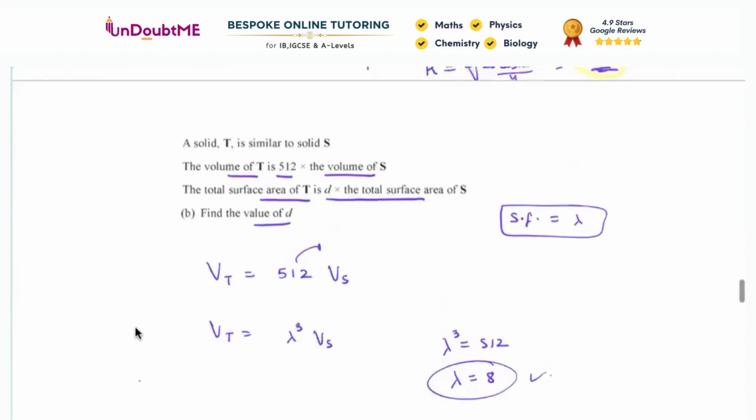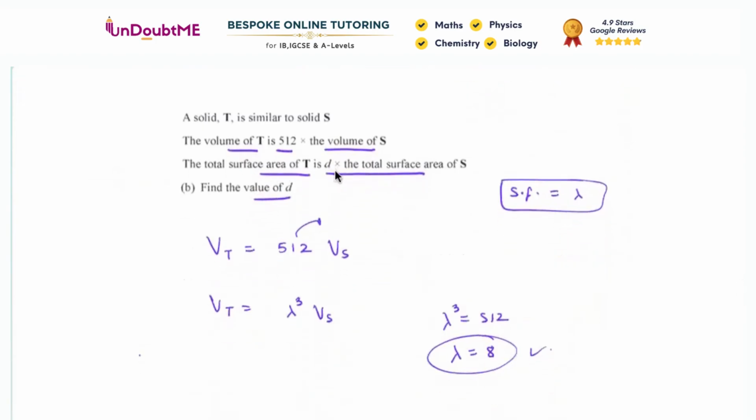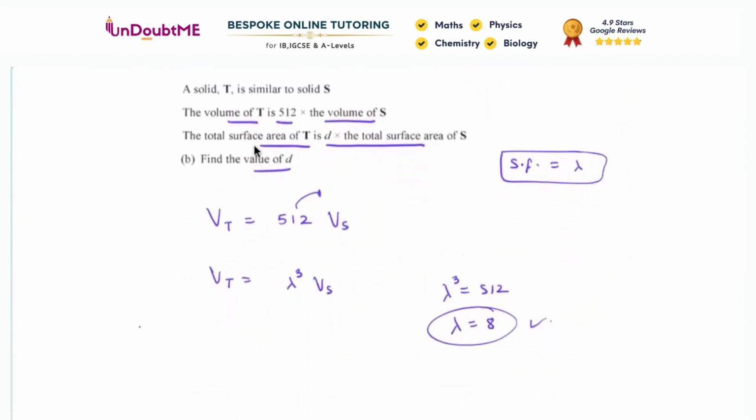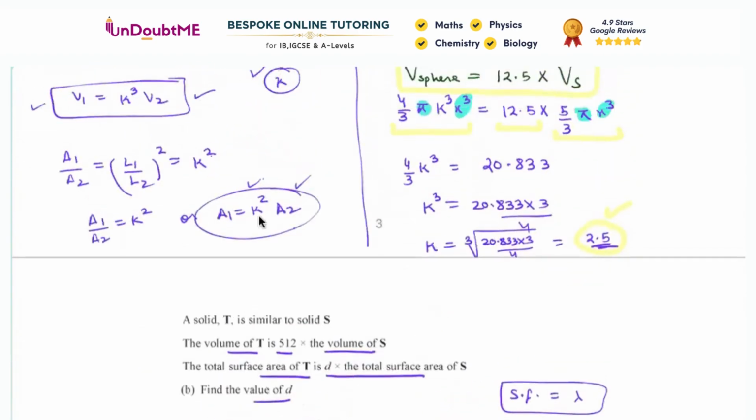As I said, the same scale factor will be used for area also. So now let's talk about this area. Total surface area of T means, let's say area of T is equal to D times area of S. Okay, D is basically equal to lambda square, because in area, if you see, we have a square of the scale factor.